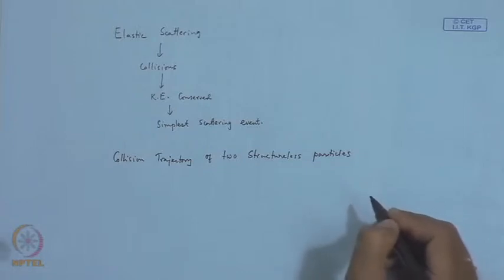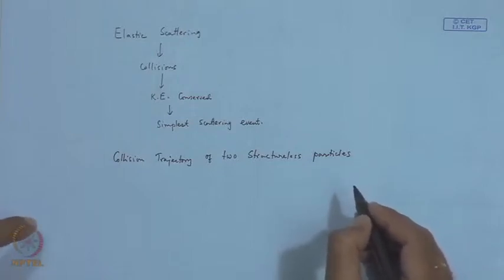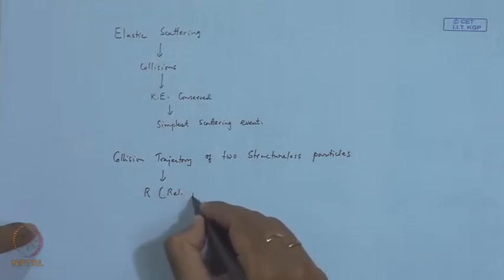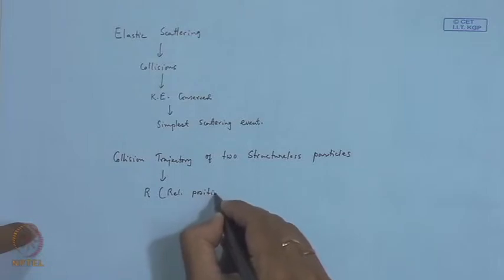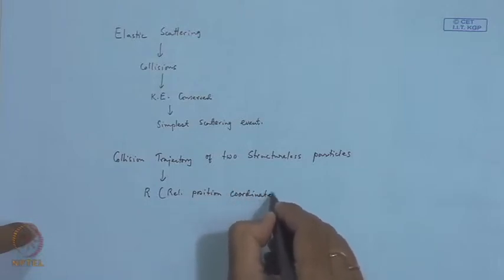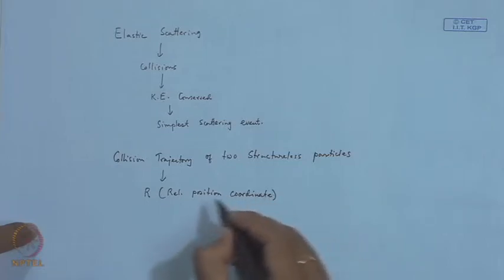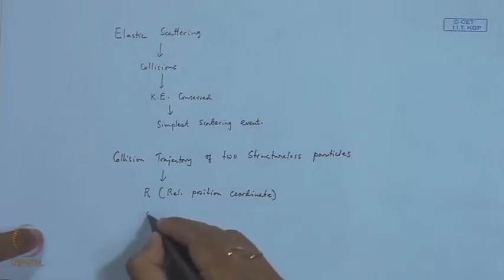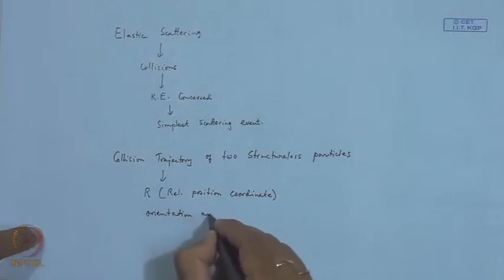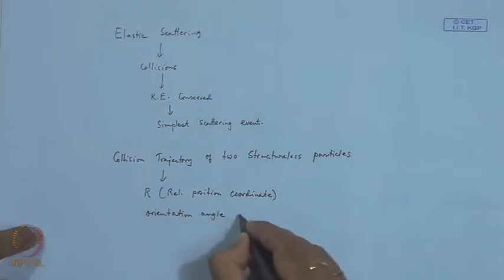Two coordinates suffice to describe the relative motion of the collision partners. One is the relative position vector, and the other is the orientation angle, that is psi.